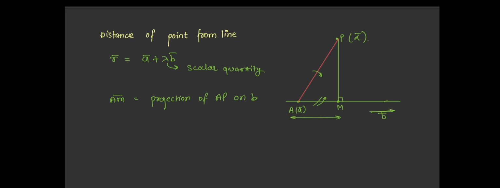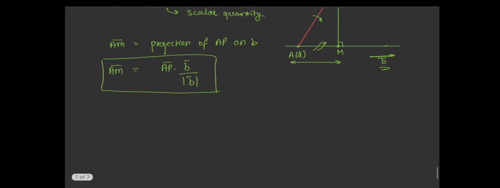And how do we write the projection? AM bar is nothing but AP bar, and since we need to show that it's the projection of AP, we just take a unit vector along the b direction. So how will we get the unit vector? We'll take the vector b and divide by its magnitude. So we get AM bar is nothing but AP bar dot b bar upon magnitude of b bar. So now we know the value of AM bar.